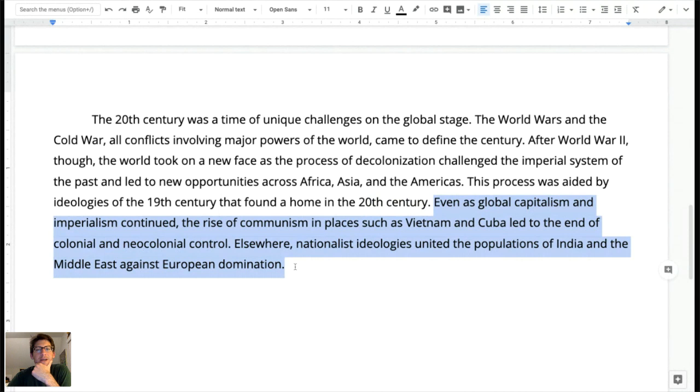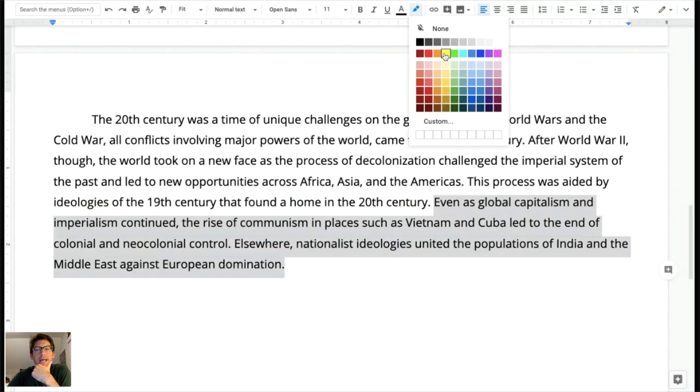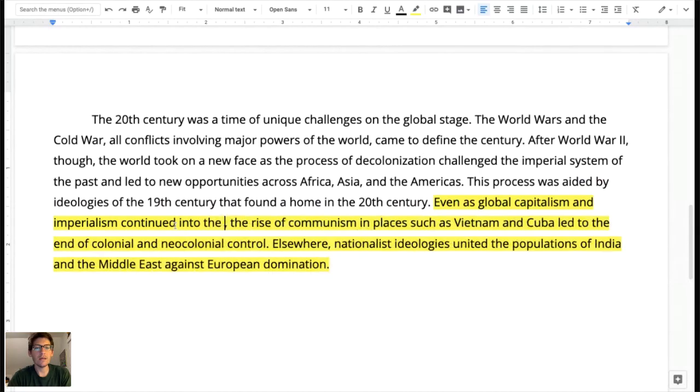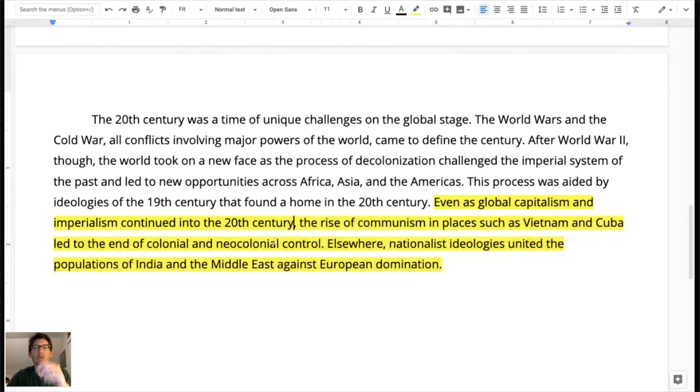My thesis here, I'm going to go ahead and highlight for you. I want to say that, even as global capitalism and imperialism continued perhaps into the 20th century, it was the rise of communism in places such as Vietnam and Cuba, or the rise of these things, led to the end of colonial and neo-colonial control, right?